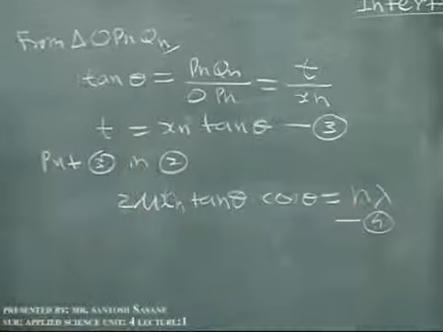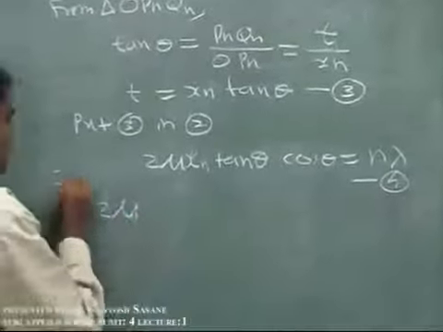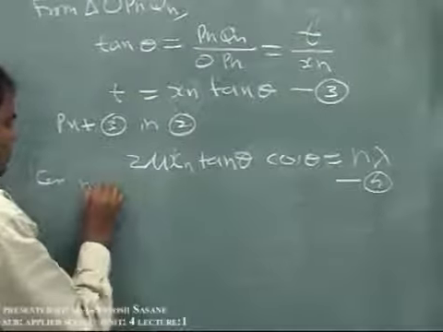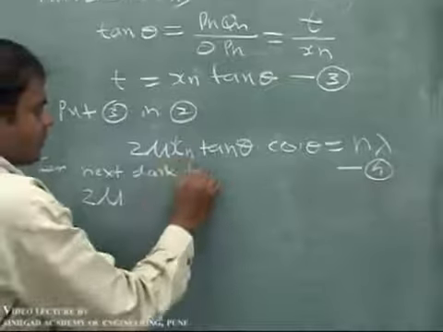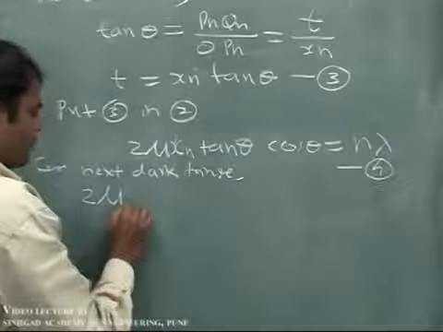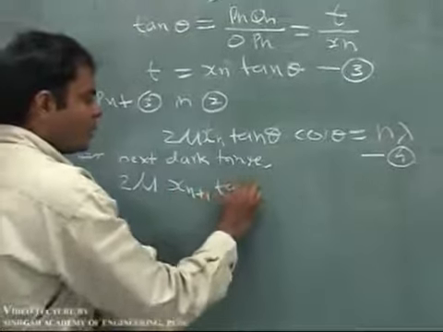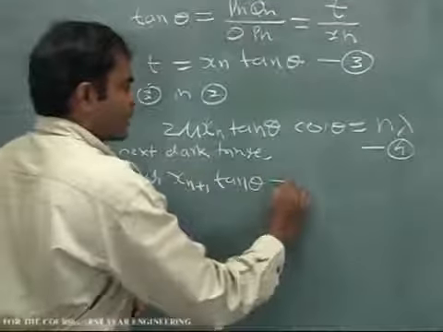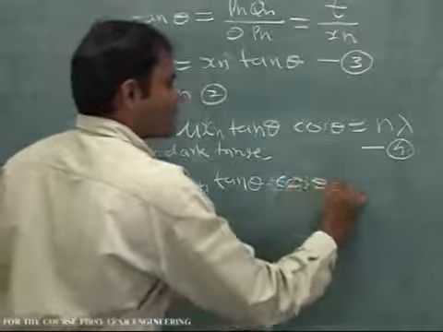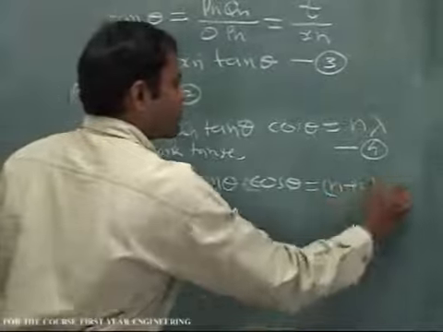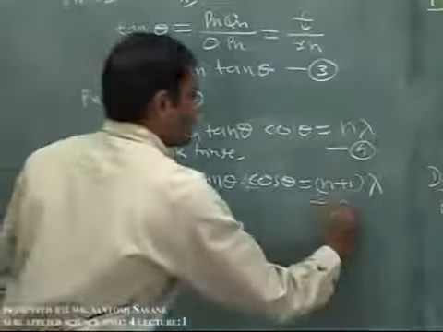Similarly, for the next dark fringe, we can write 2μ x(n+1) tan θ into cos θ is equal to (n+1)λ. This is equation number 5.